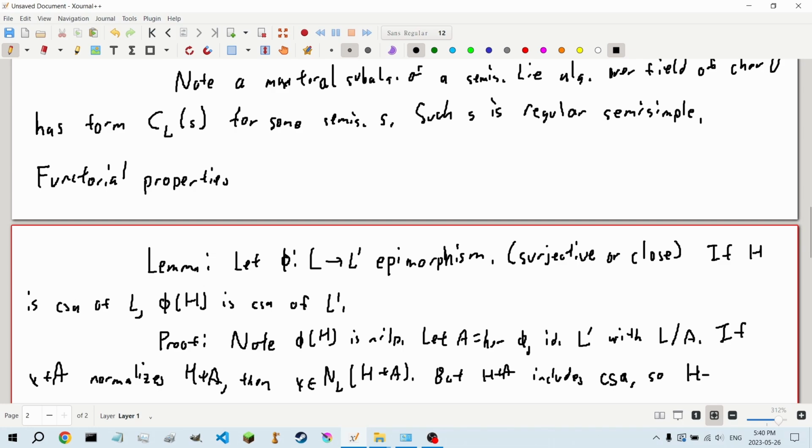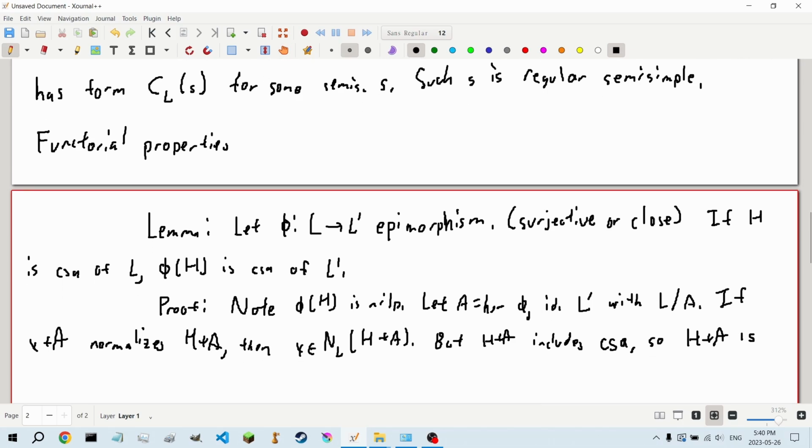So the subalgebra H plus A we know is self-normalizing. So x lies within H plus A, making phi of H self-normalizing.